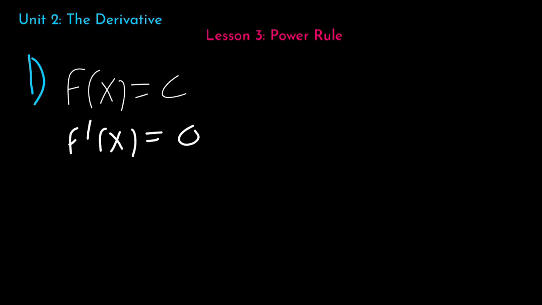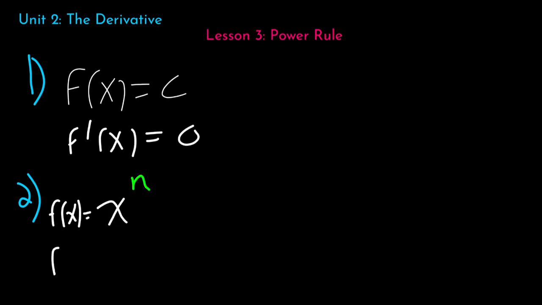So let's go into our second rule. Our second rule is going to be power functions, and this is where we get into our power rule. So what is the power rule in and of itself? If I have a function x to a power n, and I take its derivative, this is f of x, right?